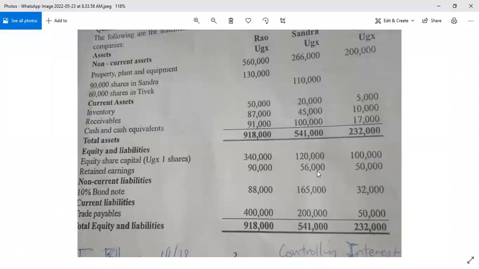So for Sandra, it's 120 and 55. Then Tvec has 150.